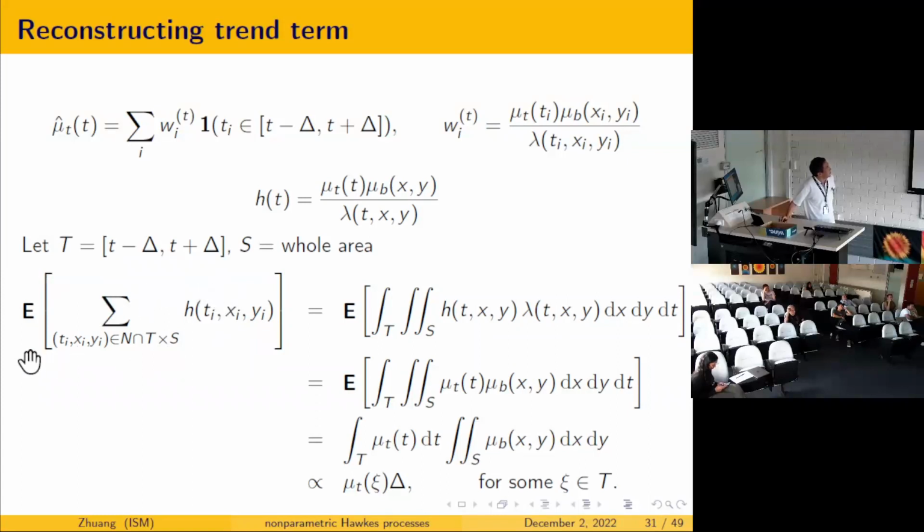We calculate the integration with respect to the point process, and then it is equivalent to the normal arithmetic integral of the multiplication of those two functions. Finally it comes out this way. Because this is a small interval around time t, it can be approximated by this one. This part is just a constant. So in this way, we can estimate the shape of this trend function.